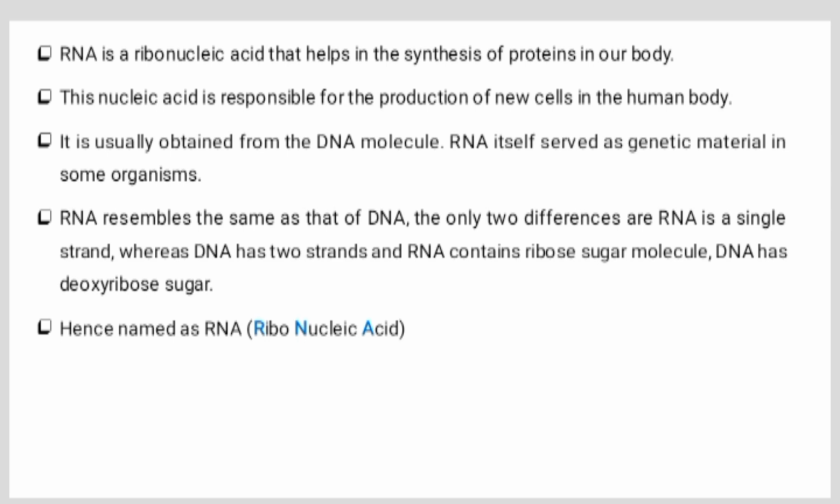It is usually obtained from the DNA molecule through the transcription process. Based upon the presence of ribose sugar, as well as the transcription process, RNA molecules are produced. It is finally named ribonucleic acid.